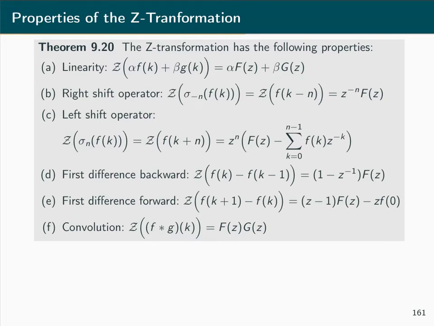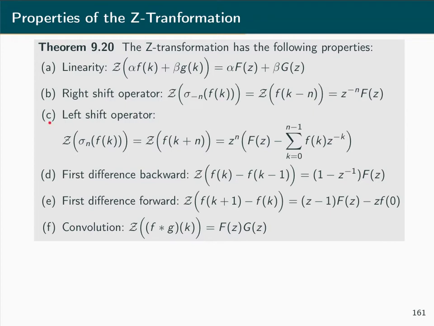B, for the right shift operator, which we have already introduced earlier in this lecture, we have that Z of sigma to the minus n of f of k is equal to z to the minus n times F of z.